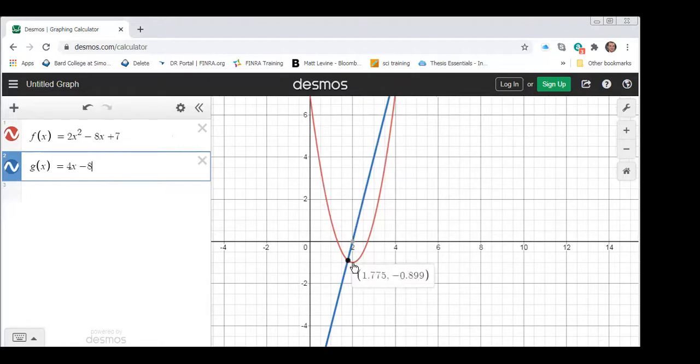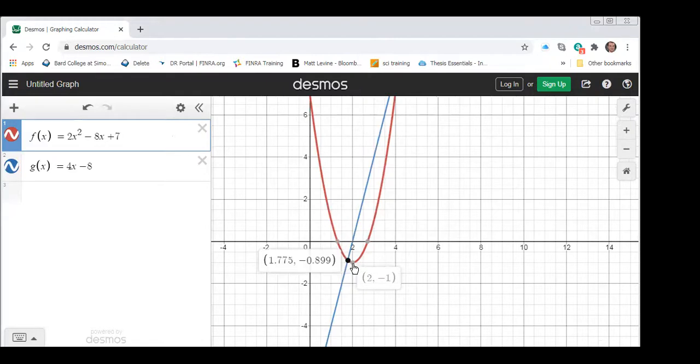So first of all, it had one critical point at x equals 2, y equals negative 1. You can see that. And you look at the derivative, and that's where the derivative has a 0 at x equals 2, y equals 0. And look at what the derivative is doing.